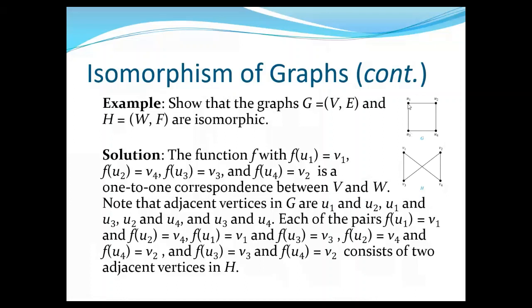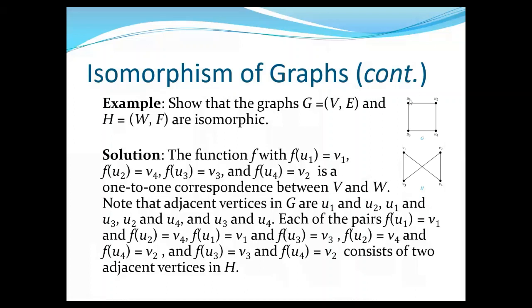V1 here also has 2 vertices connected to it, V3 and V4. Now, V3 is connected to 2 adjacent vertices, V1 and another. V3 is connected to V1, which is equivalent to U1.